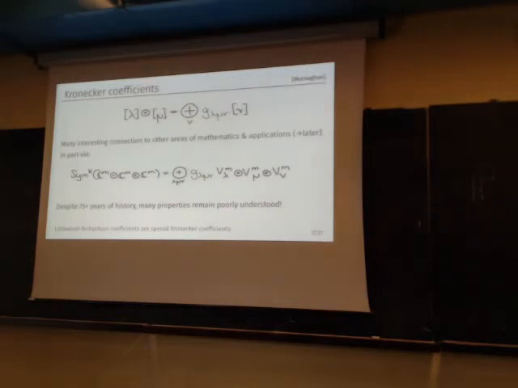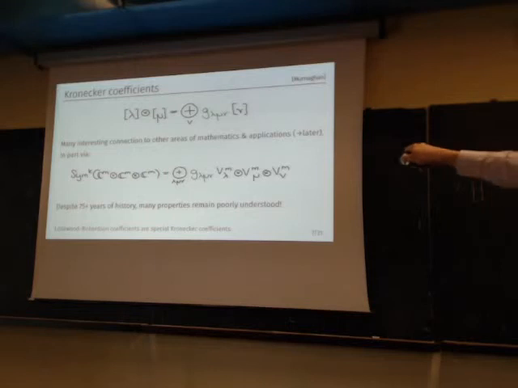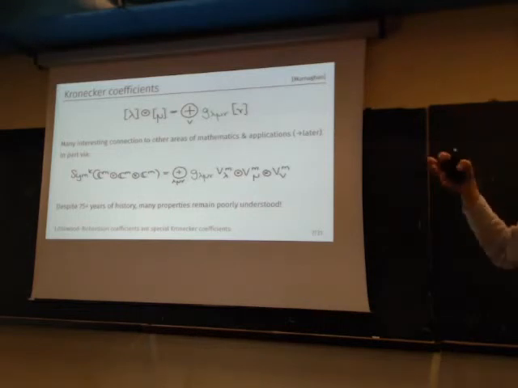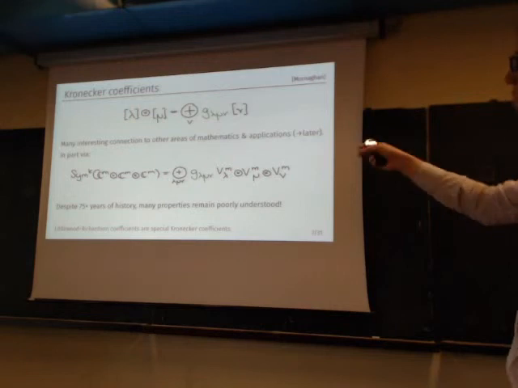And I want to explain in a bit that these are interesting coefficients on their own, but they also arise in very unexpected applications. There's an equivalent way of defining these coefficients, not using the symmetric group, but using the general linear group. Here's one way of doing it.